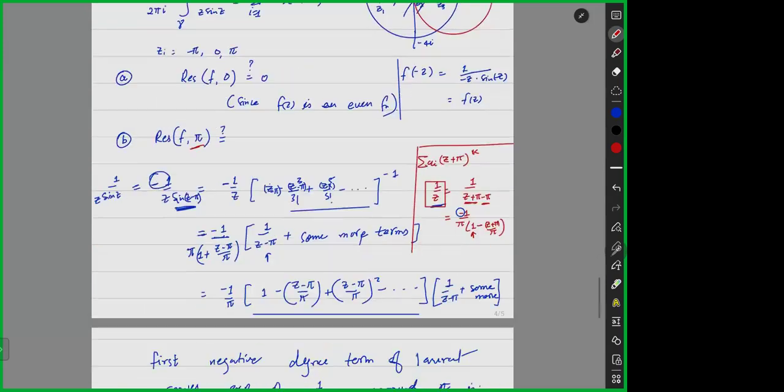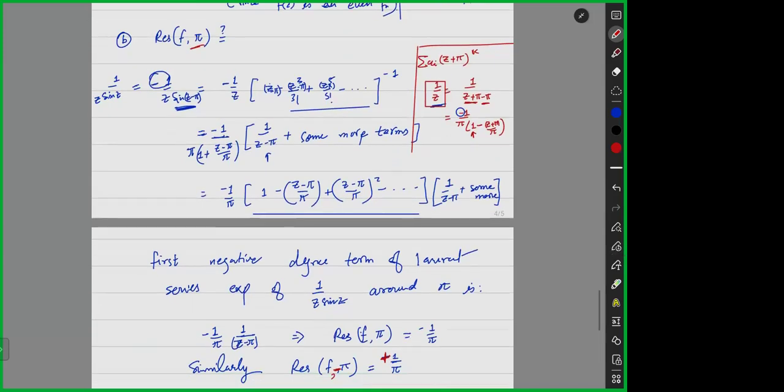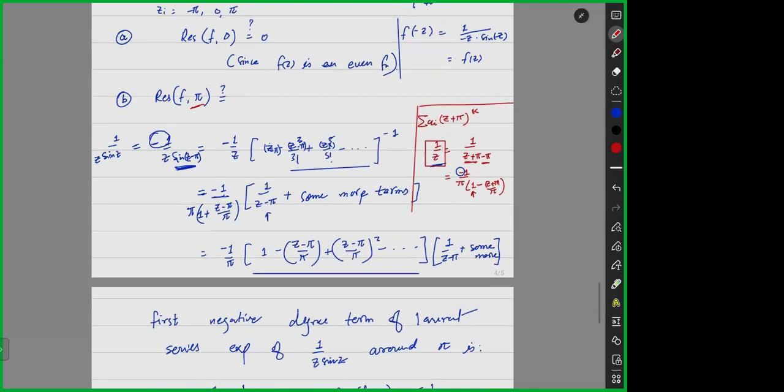Now I think it is clear to you. How did I do it? I write this function into two terms, 1 by z into 1 by sine z. 1 by z can be expanded in this fashion, and 1 by sine z can be expanded this way, but we have to take the inverse of that. Inverse means some power series which, after multiplying with this, gives us 1.